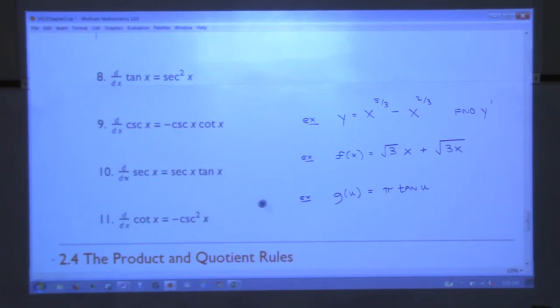That's not obvious. Maybe give it as a conceptual question, like use the power rule to do this problem? Okay, I know what you're saying.